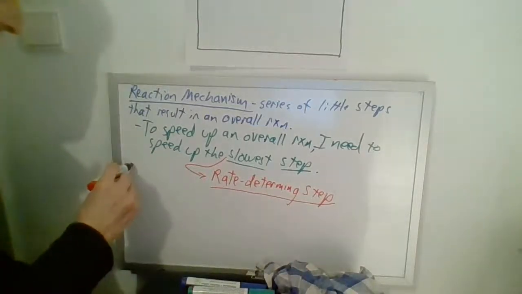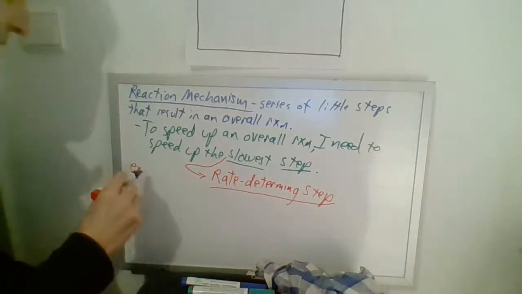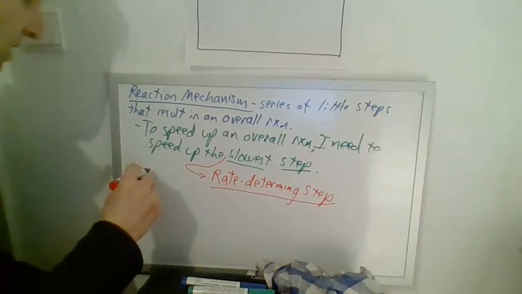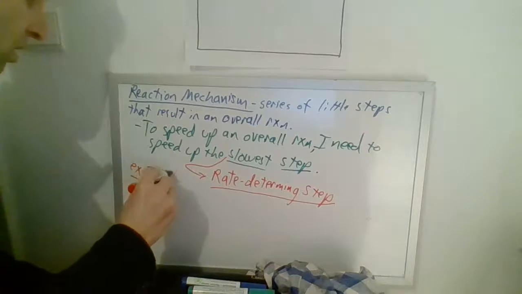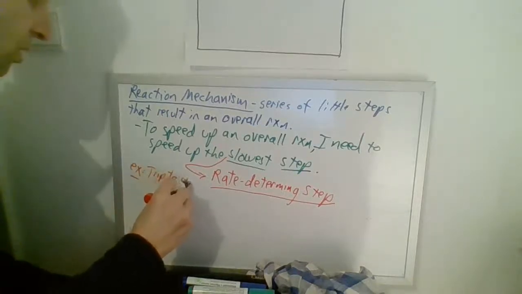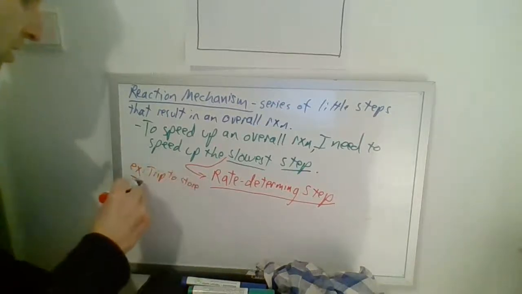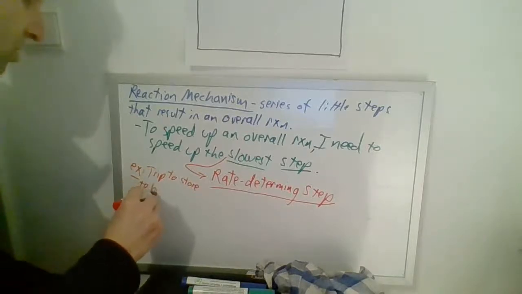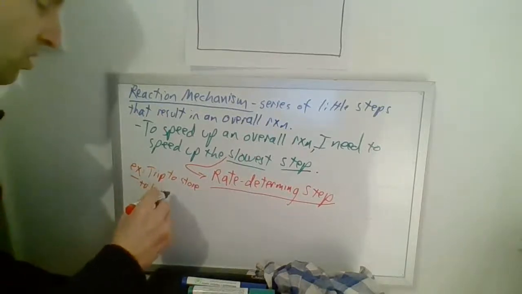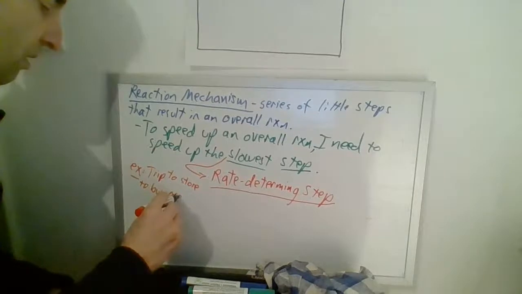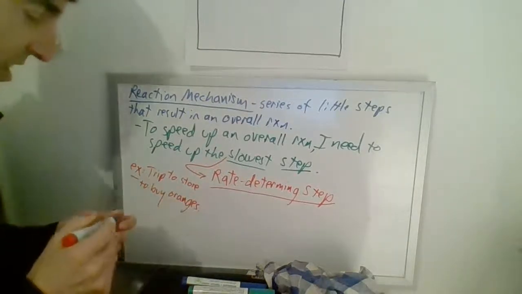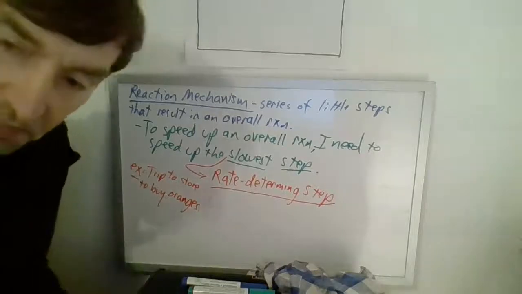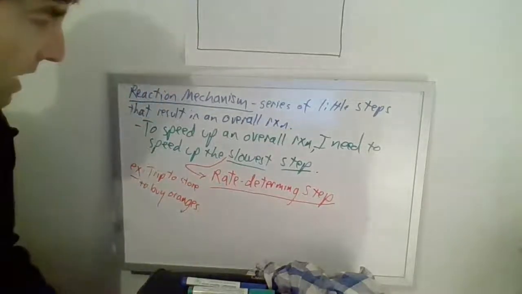And the example, just to jog your memory when you actually get there, is the trip to the store to buy oranges. That would be our rate determining step for Chelsea's reaction, eating oranges.